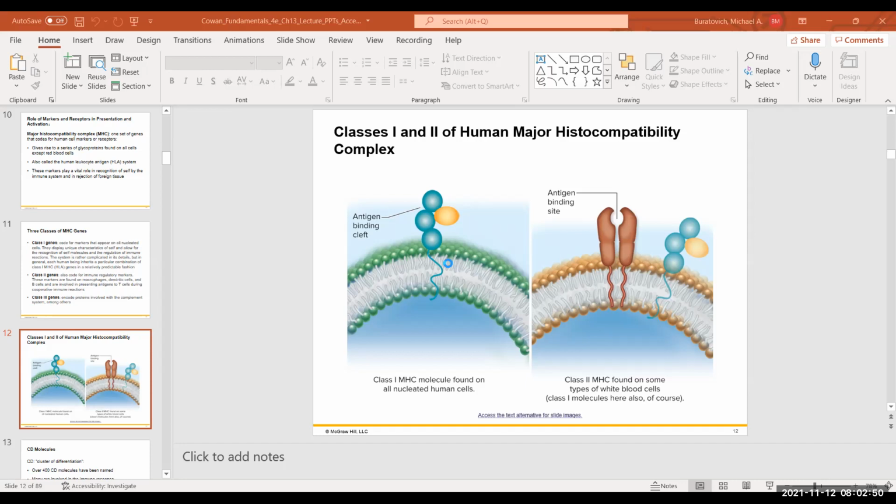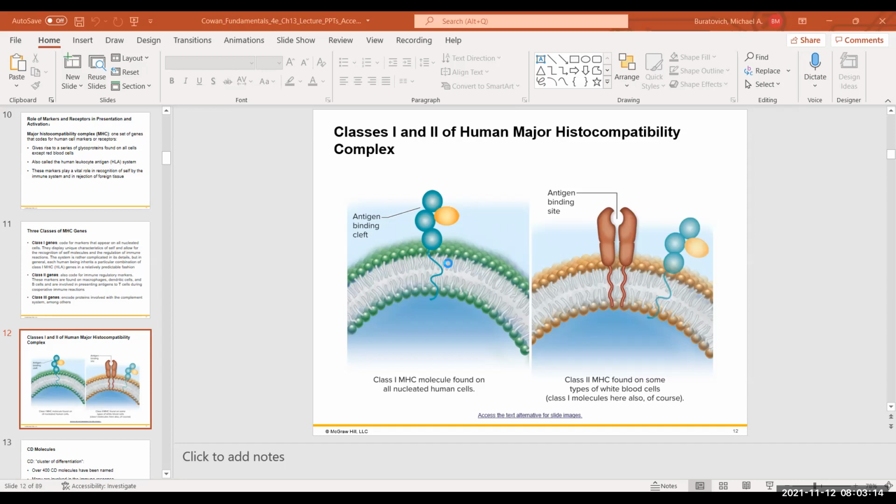Now, what do B cells have on their surfaces for binding antigens? They have antibodies. Wait a minute, I thought antibodies were secreted. They are, but there are also antibodies on the surface, and the surface-bound antibodies act as the receptors to bind antigens.